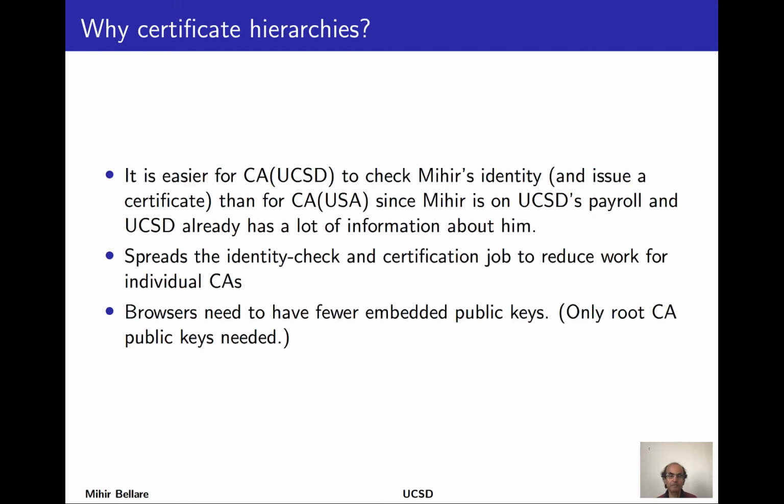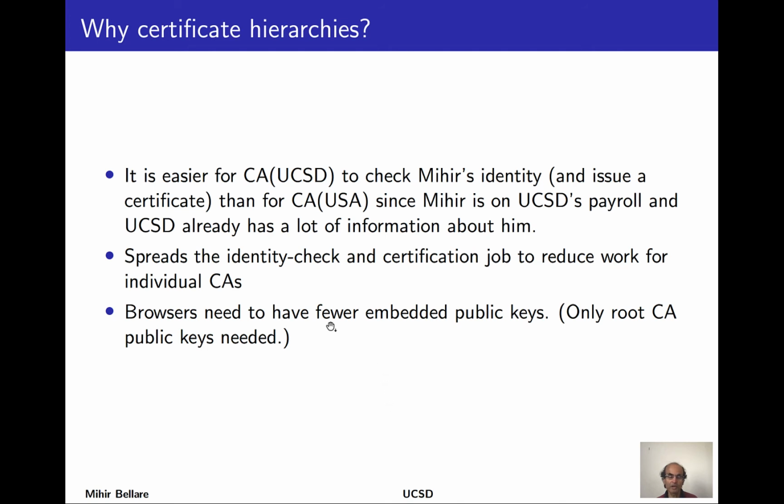So why might we use these hierarchies? They're convenient for a number of reasons. You might imagine, for example, that identity checking is easier for entities that know me personally, like UCSD, and thereby it's easier for them to issue a cert. But also it spreads the work out.